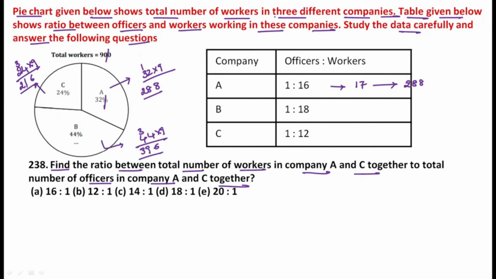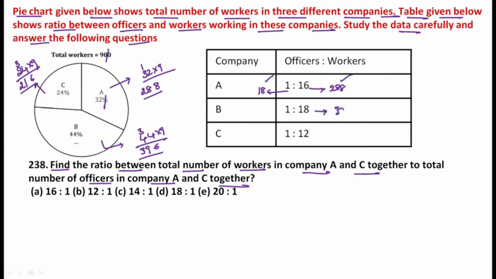Because the data is related to workers only, not the total. So if 16 units is equal to 288, now you can get the officers. Now 288 divided by 16: 16 ones are 16, 16 eights are 128. So each number is a multiple of 18. Now 288 workers, 1 officer.